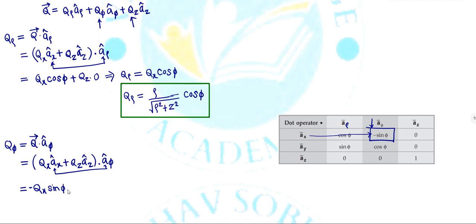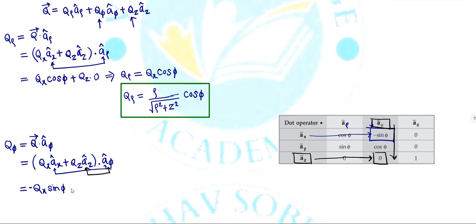sine of phi. Then the dot product in between az and a phi. The dot product in between az over here and a phi again over here. So go this way. The dot product in between az and a phi is equal to what?